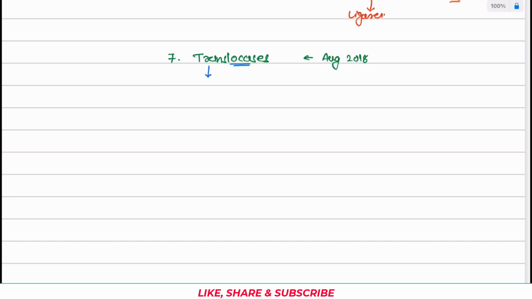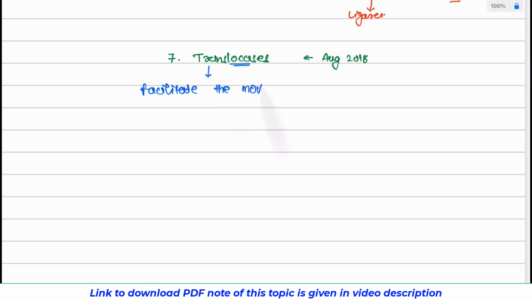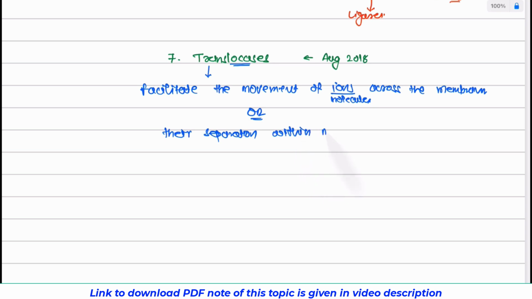So let me write down this complete statement: they facilitate the movement of ions across the membranes. Remember, it can be ions or molecules, or their separation within the membrane.